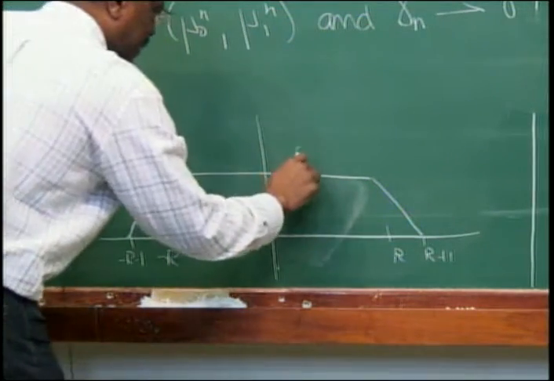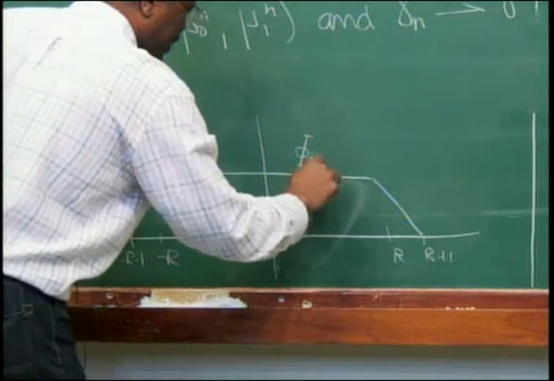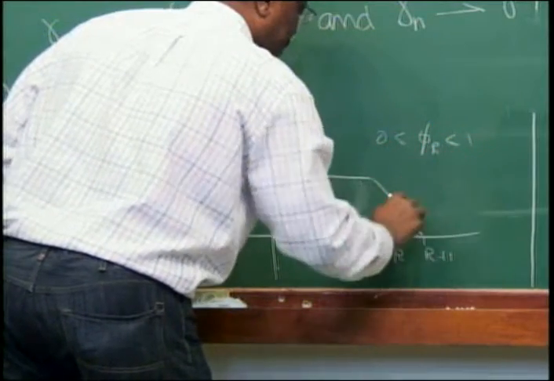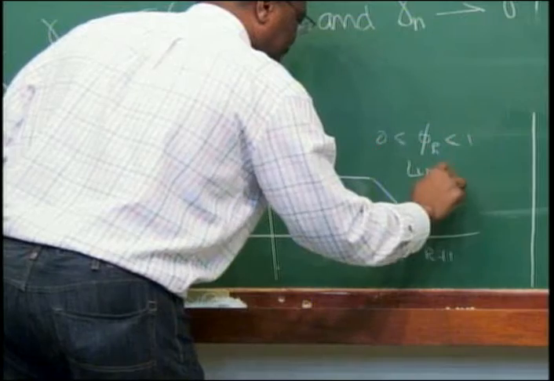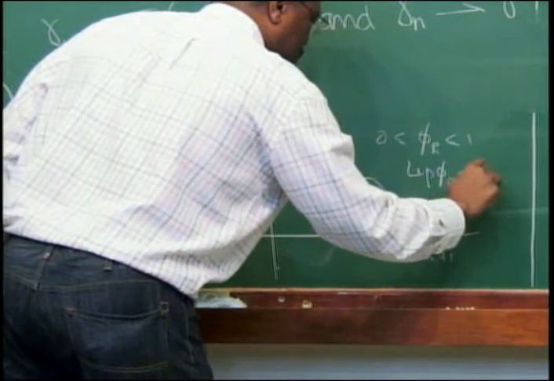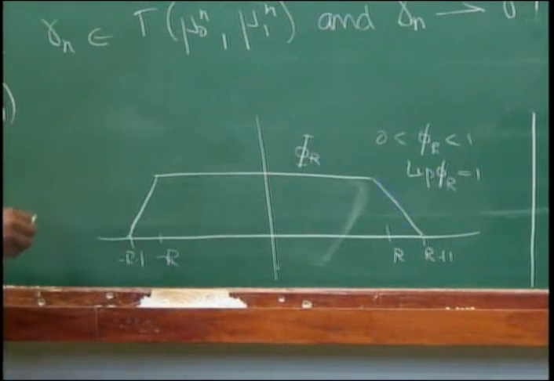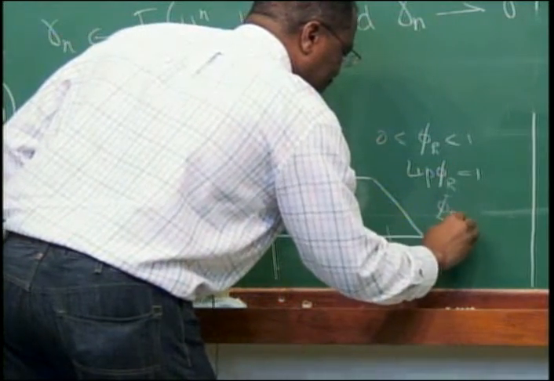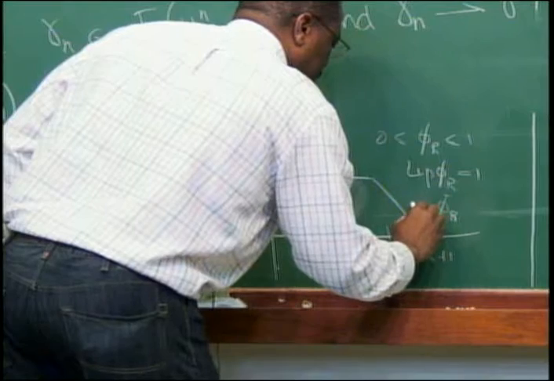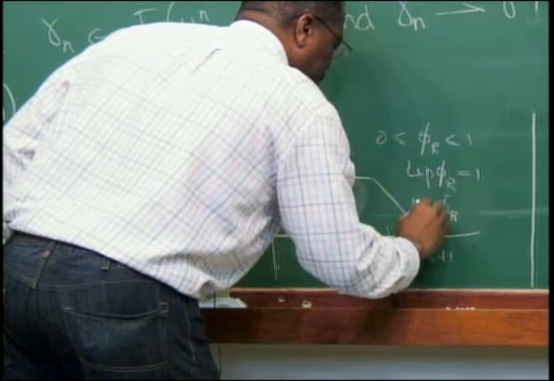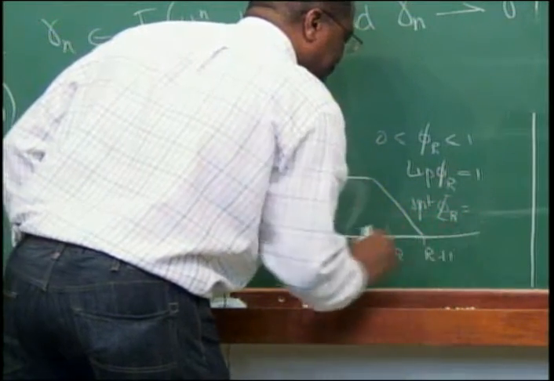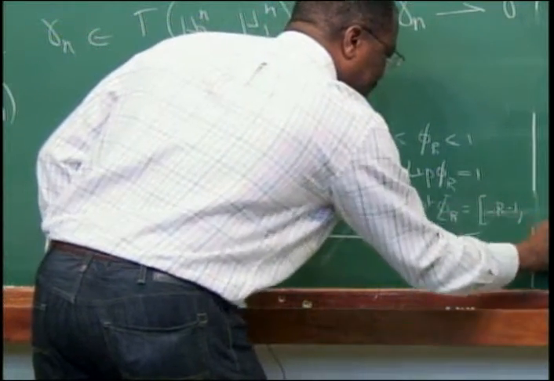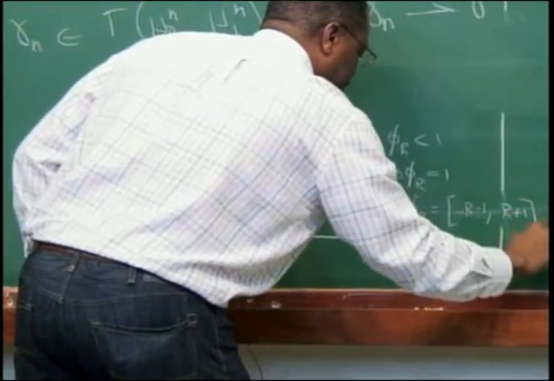Call this phi r, so that 0 is less than or equal to phi r is less than or equal to 1. The Lipschitz constant of phi r is 1. And the limit of phi r, the support of phi r is the set negative r minus 1, r plus 1.